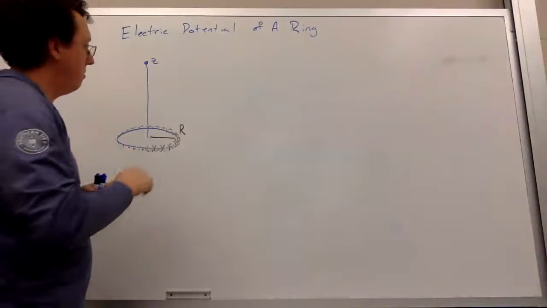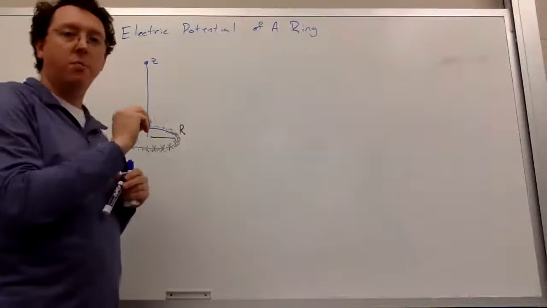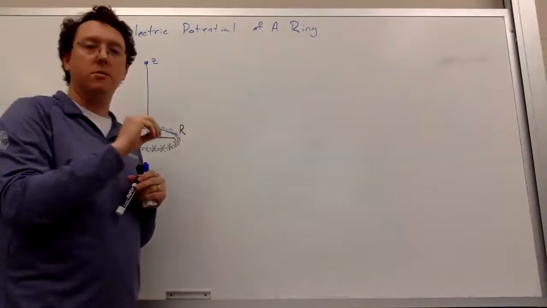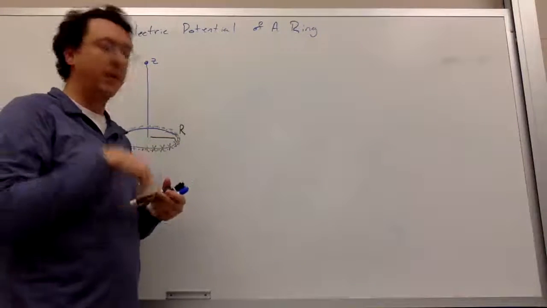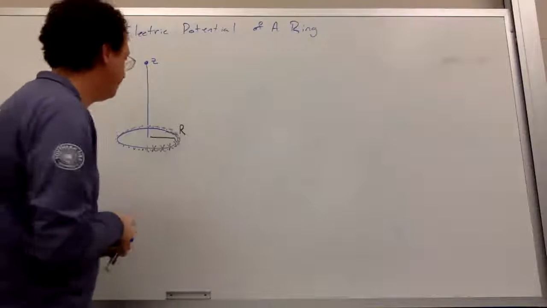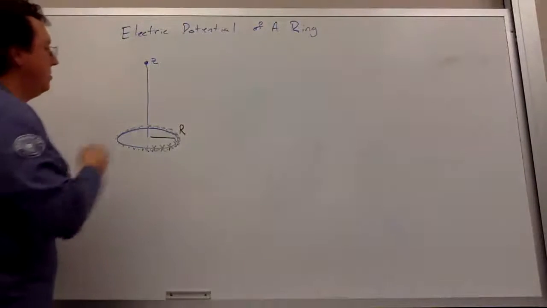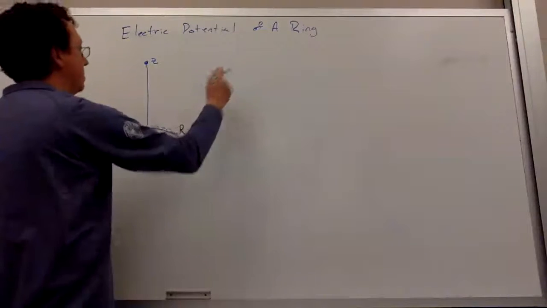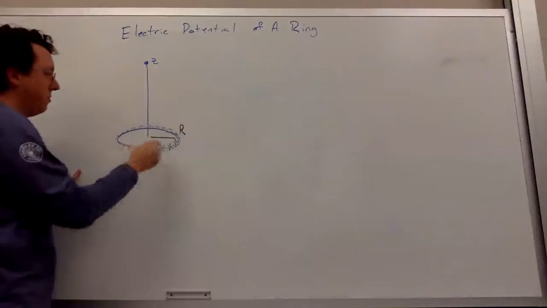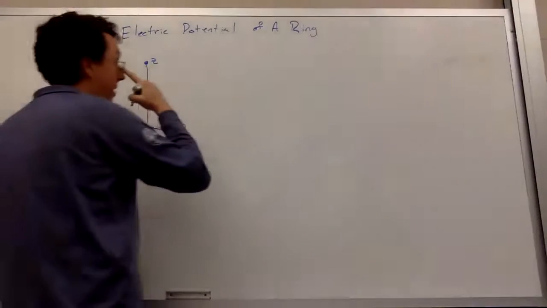And what we're going to do is write down the formula for the electric potential that each one contributes, and then add them all up using calculus. Let's write out how that would go.